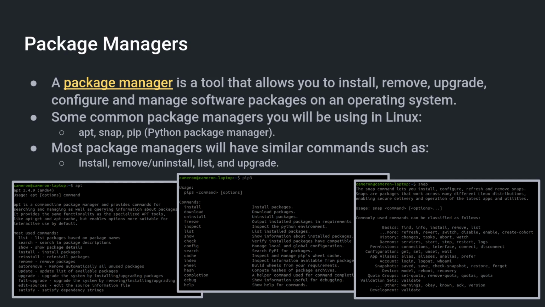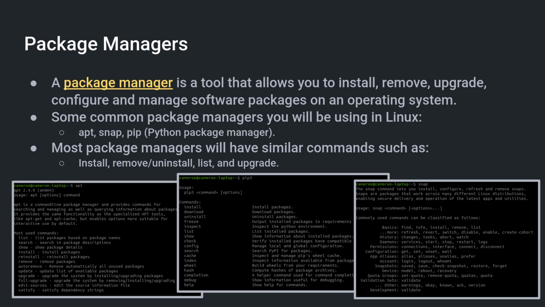Some common package managers that you'll be using on Linux are apt, snap, and pip. And pip is a Python package manager. Most package managers will have similar commands such as install, remove or uninstall, list, and upgrade.